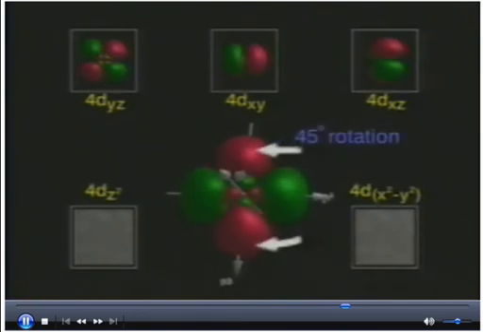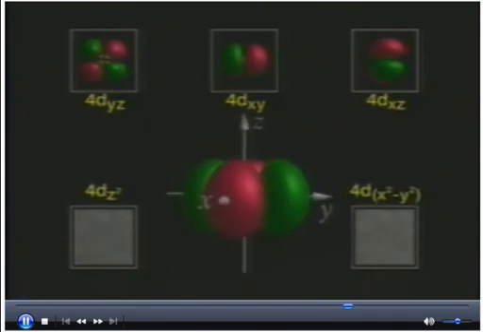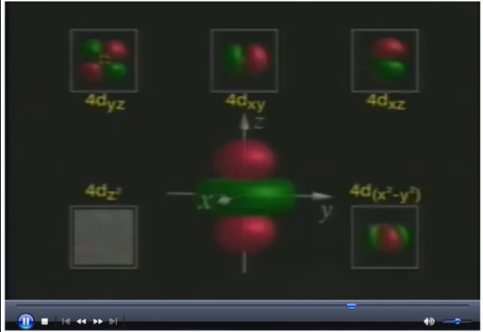A 45-degree rotation of the 4dxy orbital produces the 4dx squared minus y squared orbital. The 4dz squared orbital has a nodal sphere, in addition to the 2 nodal cones that define its shape.